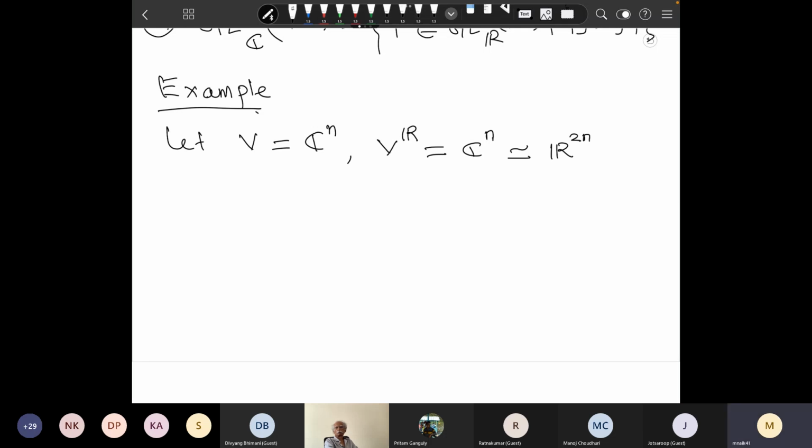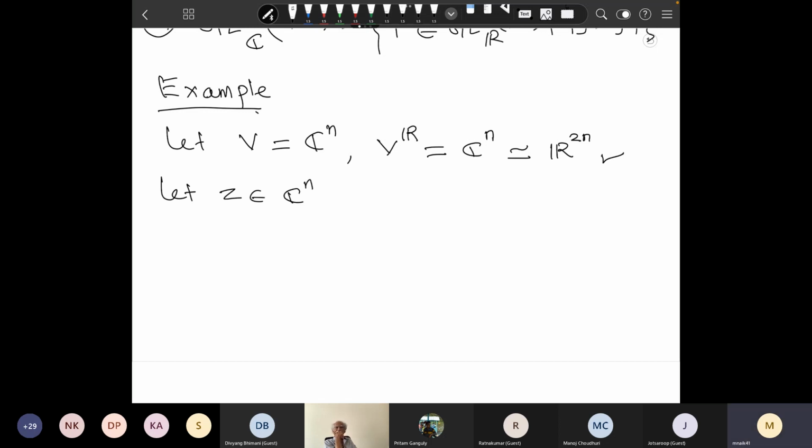I will give the complex structure on R^2n, and I will describe the complex linear maps on C^n in terms of real linear maps of R^2n. And always in the process we will keep track of this identification, how C^n is really identified with R^2n. That's all. So let z belong to C^n.